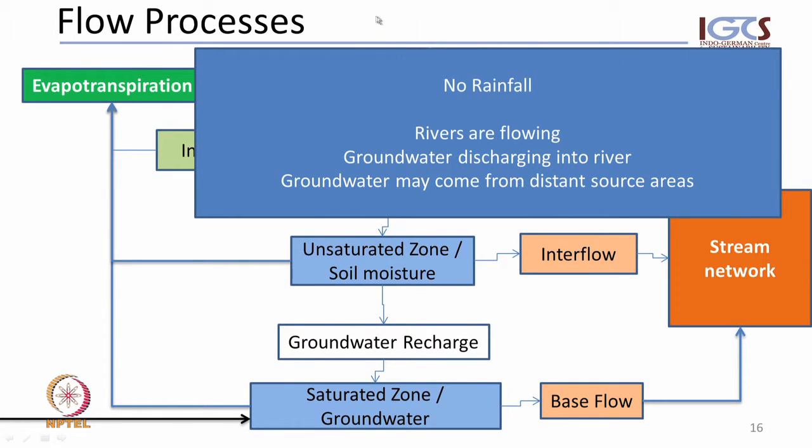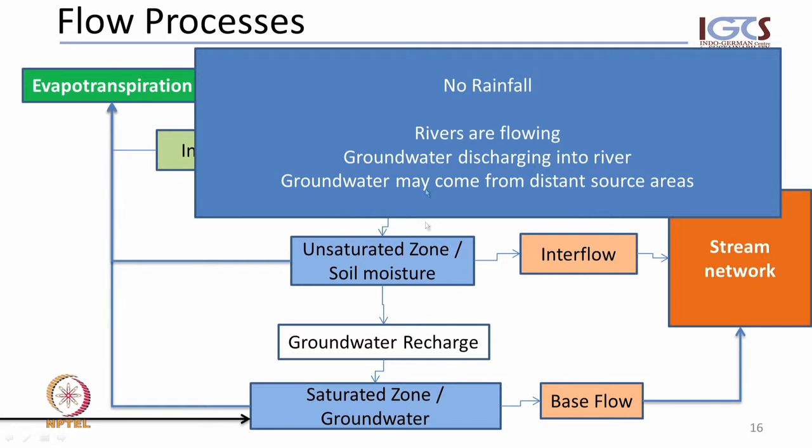Now, if we take the opposite case, there's no rainfall at all taking place in this area, yet we still have rivers with water, flowing rivers, then this can only take place when interflow occurs or when base flow takes place.